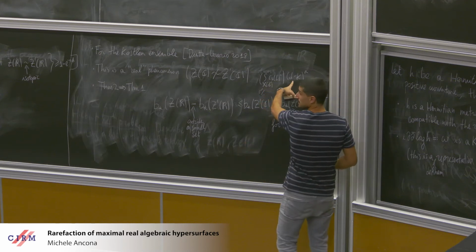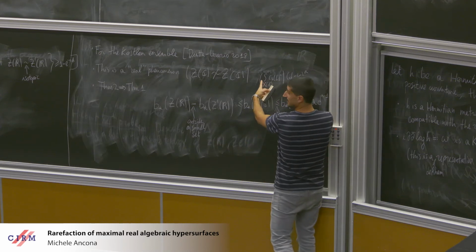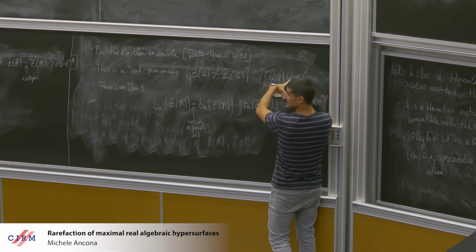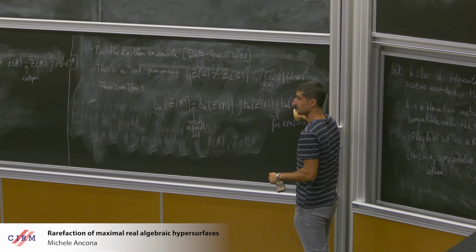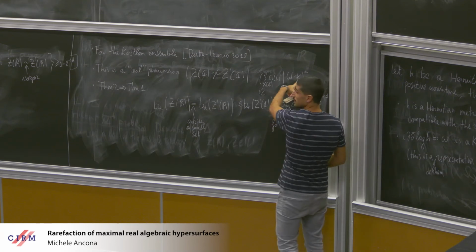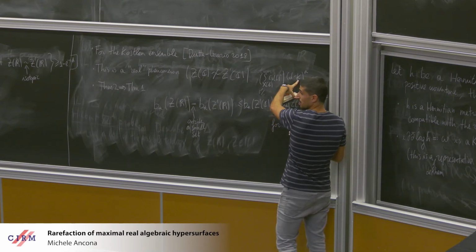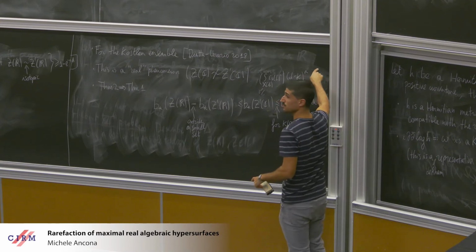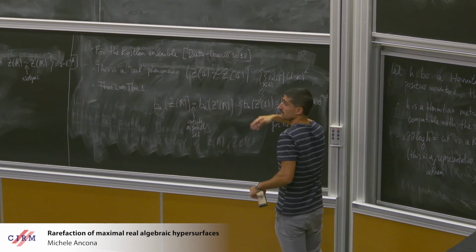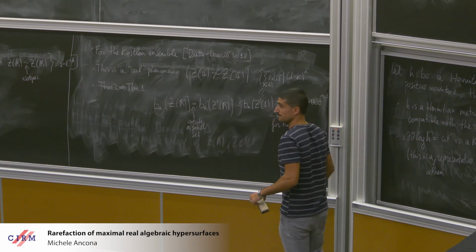So you see the main term is exactly in D. The main term is the main term of a degree D hypersurface. And if we take k large enough, the term of order n minus 1 will be smaller and smaller.